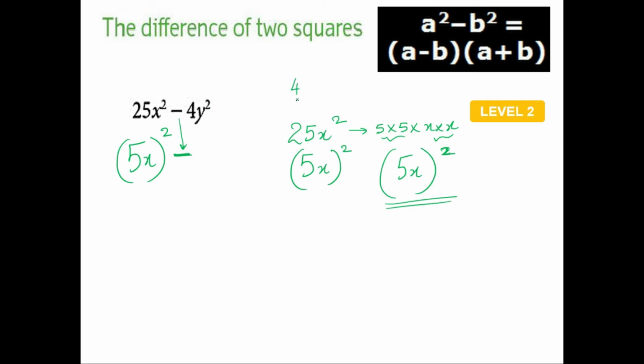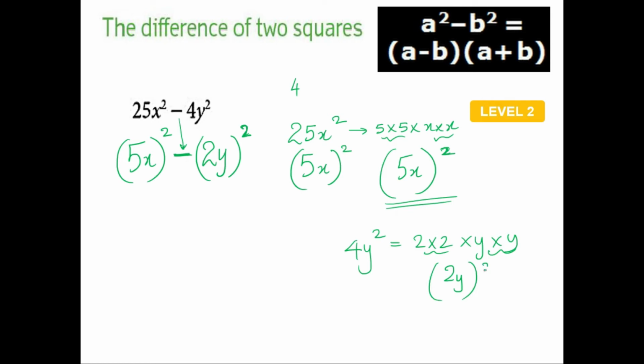We know 4 is a perfect square. 2 square gives you 4. So I'll write 2y the whole square. Did you get the points? See, 4y square is nothing but 2 times 2 times y. So I just write 2y the whole square.